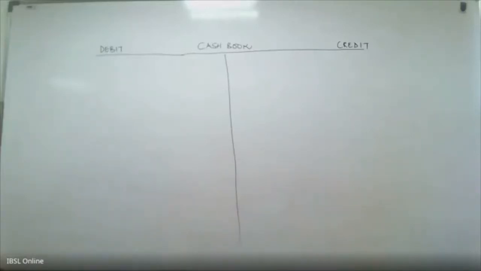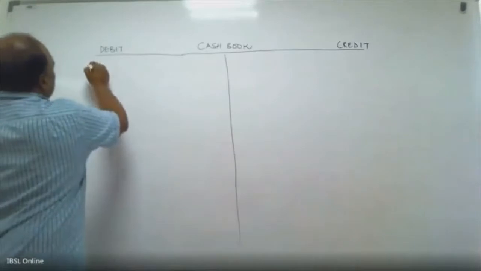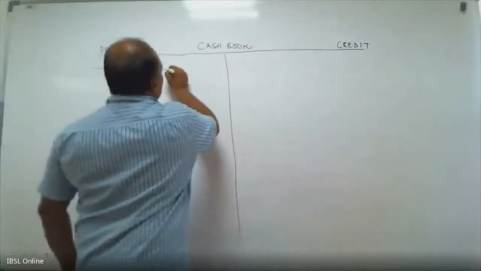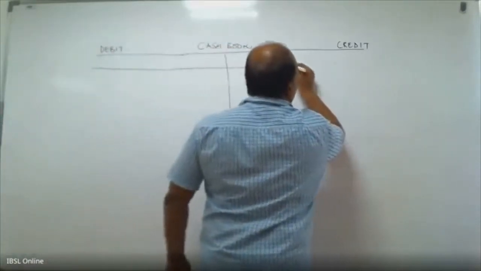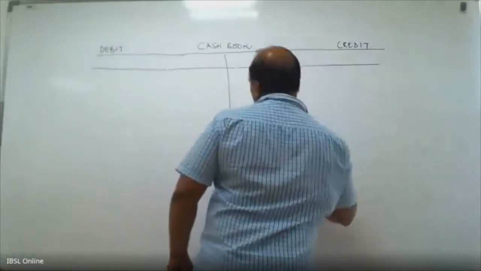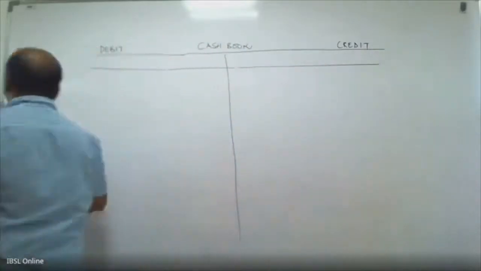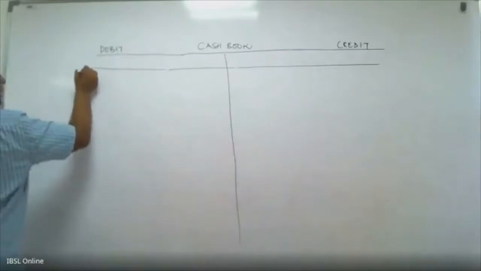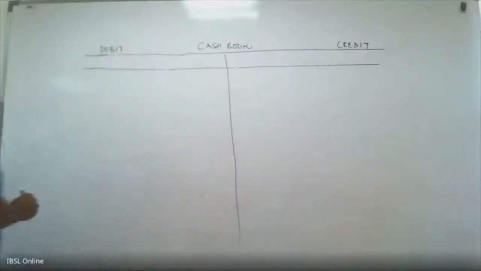So in the cash book, we have to have certain columns. This is very important because in the examination also you sometimes need to present the cash book.